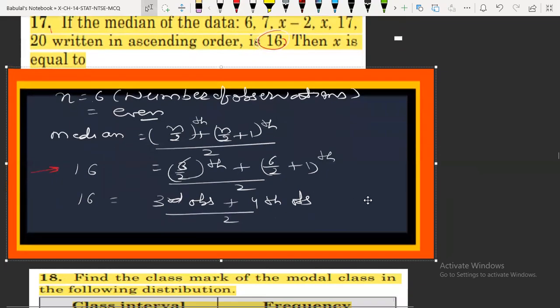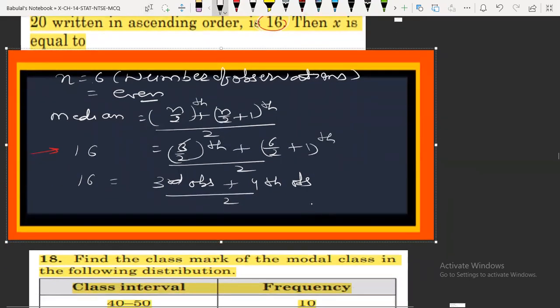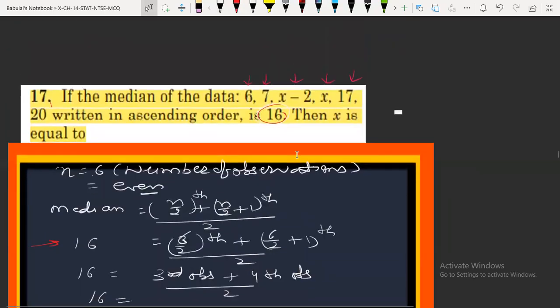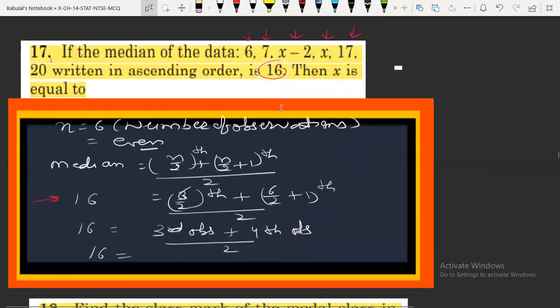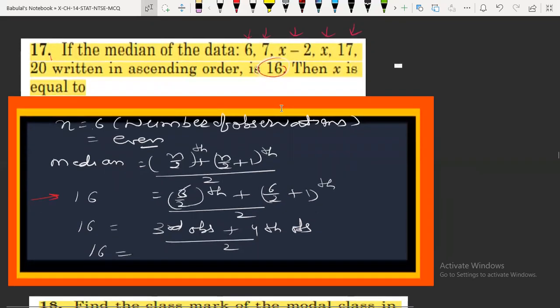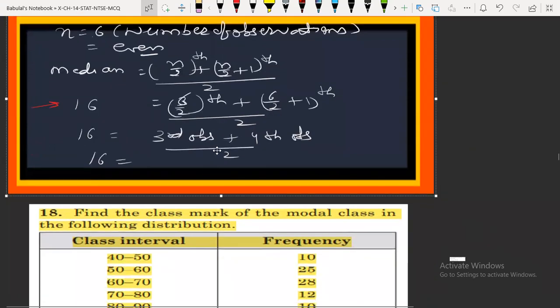Here you will find that for 16, the third observation is x minus 2 and the fourth observation is x by 2. So you simply put the values yourself: x minus 2 plus x by 2.